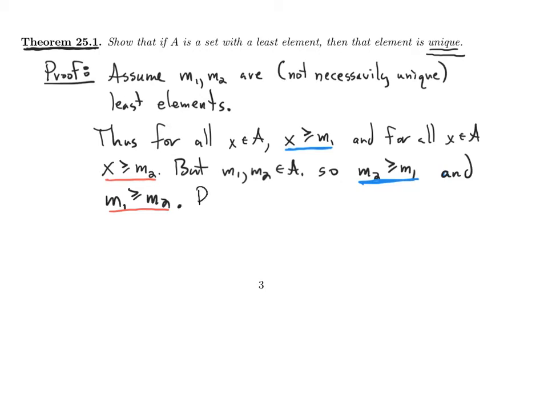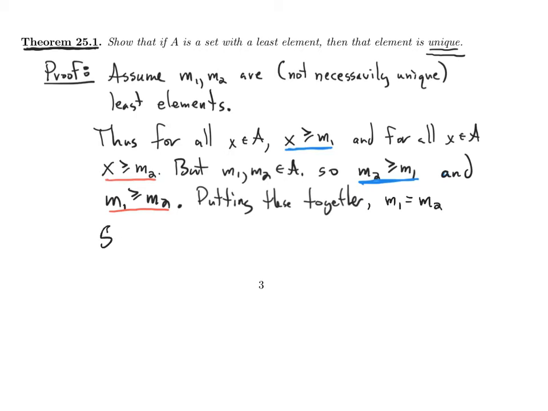So putting these together, we have that M2 is greater than or equal to M1, and M1 is greater than or equal to M2. Well, the only way that that can be true is if they're the same thing, M1 equals M2.